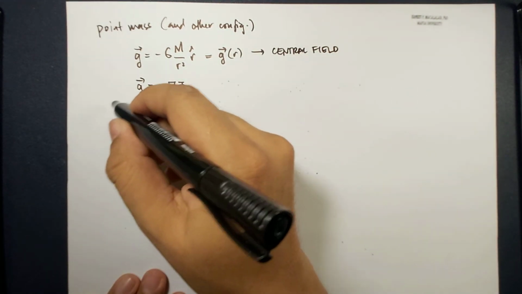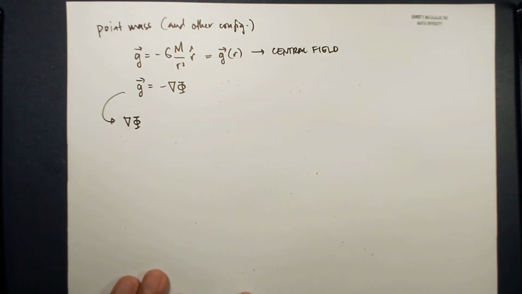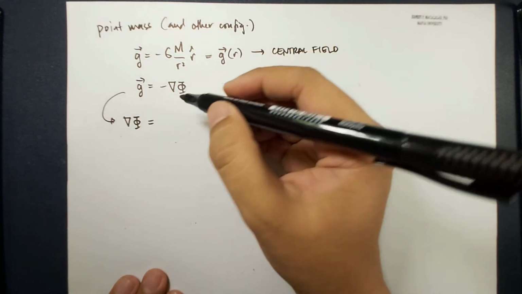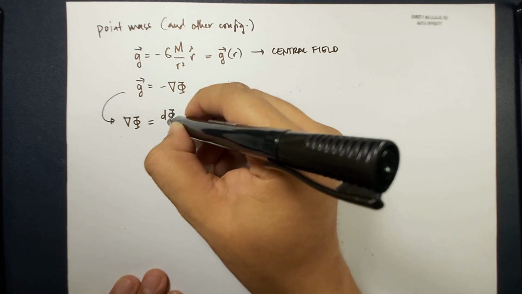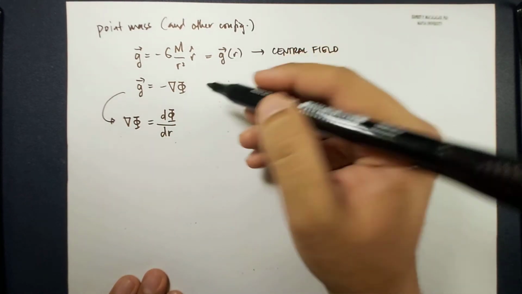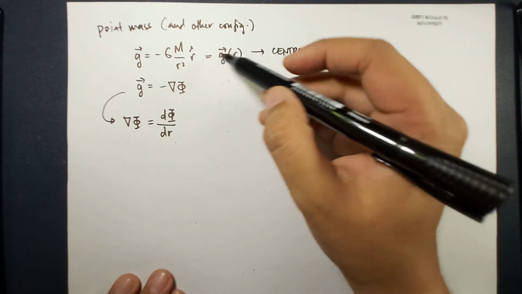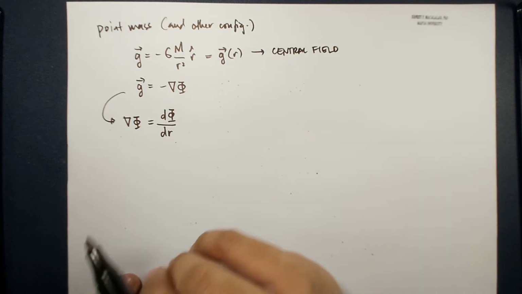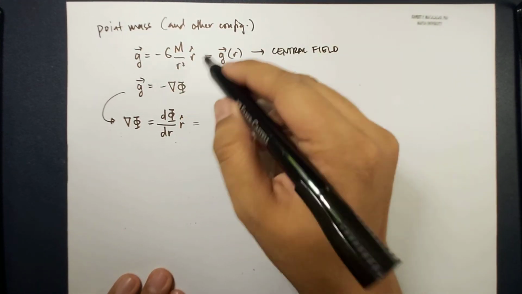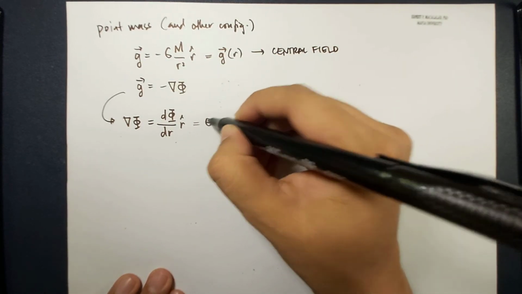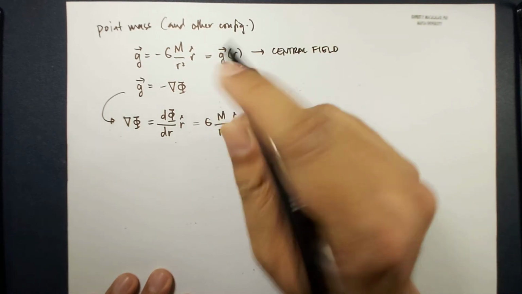Therefore, this gives us the gradient of phi, which is purely a derivative of phi with respect to r. Instead of a partial derivative, because G is only a function of r, the partial derivative becomes a total derivative. And this is equal to this one, so this is G m over r squared r hat.